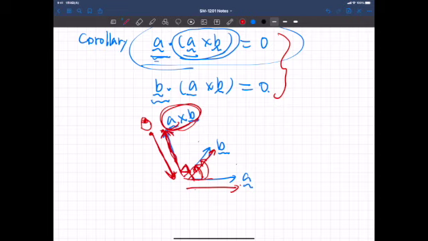So it's called a right-handed set, or right-handed coordinate set.